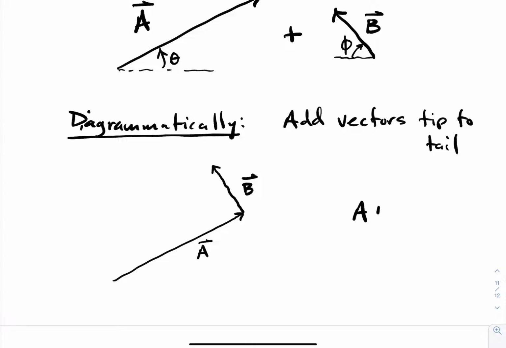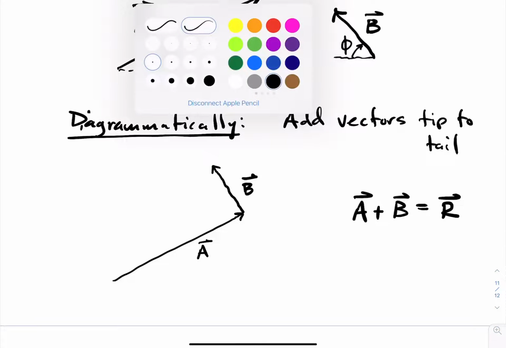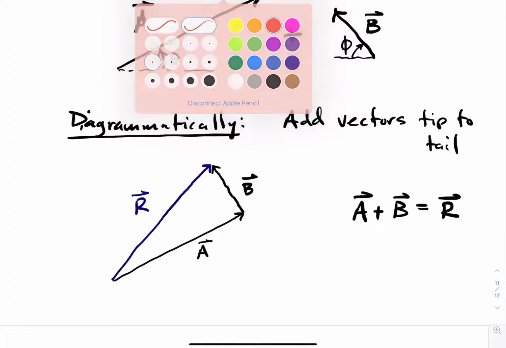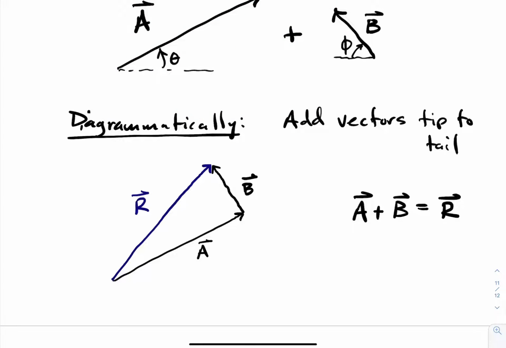So A plus B will give our resultant vector R. And I'll do R in this color. R is just adding now from the tail of our first vector to the tip of our second vector. That's our resultant vector. And so if you really look at this picture, we have A broken into its horizontal component, AX, and its vertical component, AY.